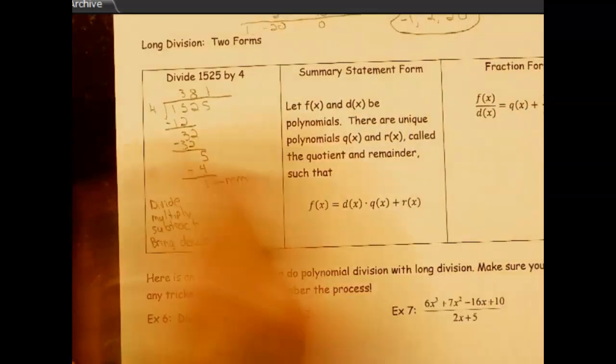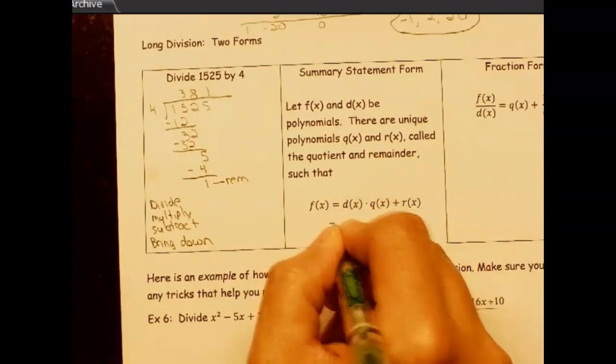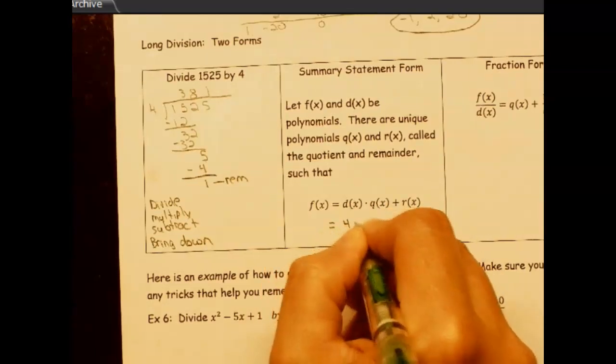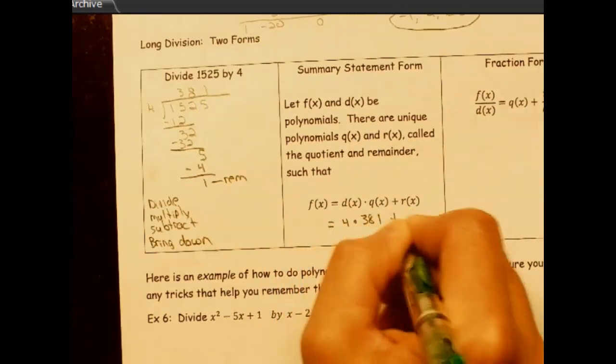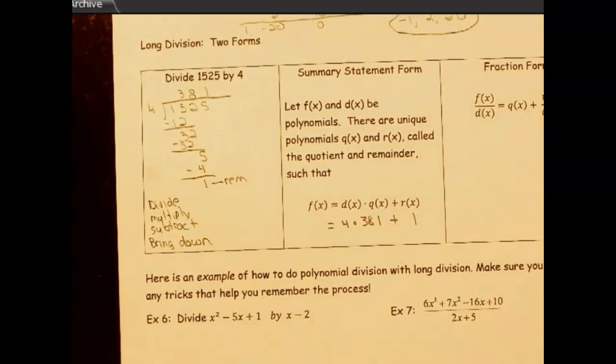One is called the summary statement form. So if this was the problem, we would write this as 4 times 381 plus that remainder of 1. And when I check it, it should work out.